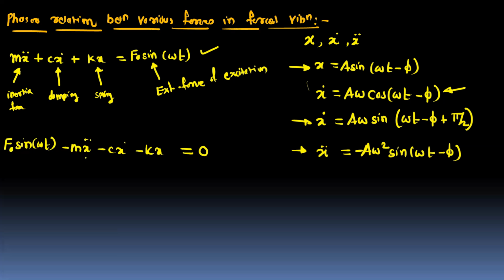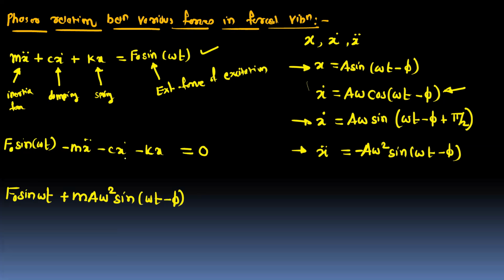Now put the value of x double dot, x dot, and x. So the equation is F0 sine omega t. Now this is minus m x double dot, and x double dot is negative, so it will become plus here m a omega square sine omega t minus phi.